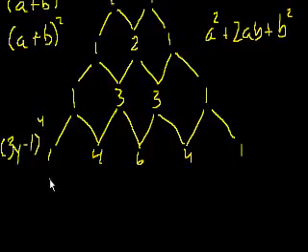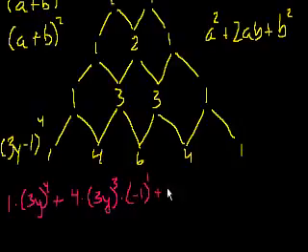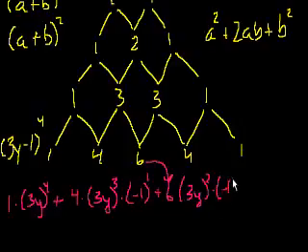So if we had just drawn this out really fast, we would have said, well, this becomes 1 times 3y to the fourth plus 4 times 3y to the third. I just keep decrementing the 3y times negative 1 to the 1 plus 6 times 3y squared. This 6 is this one. I'm getting a little misaligned. 3y squared times negative 1 squared.